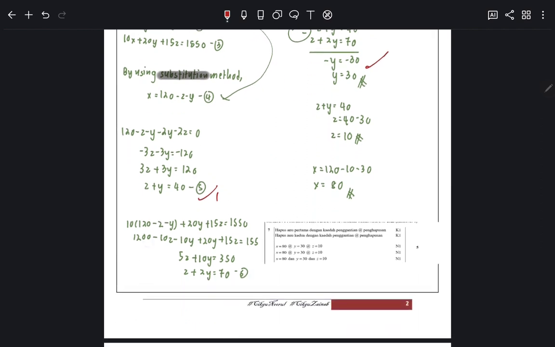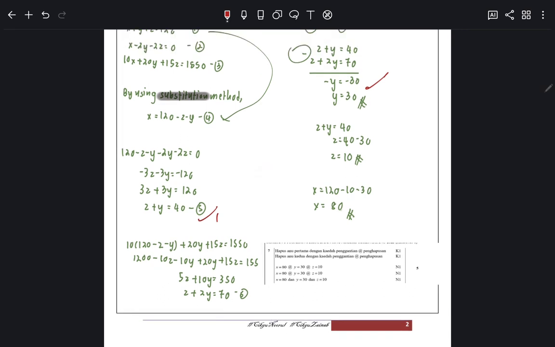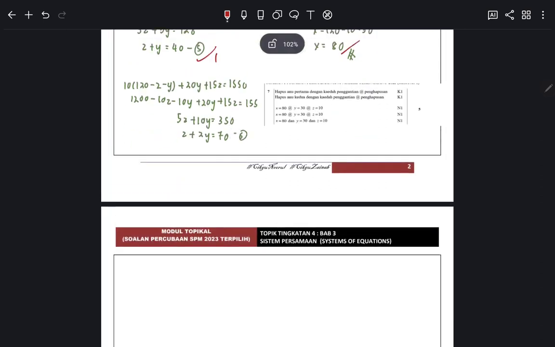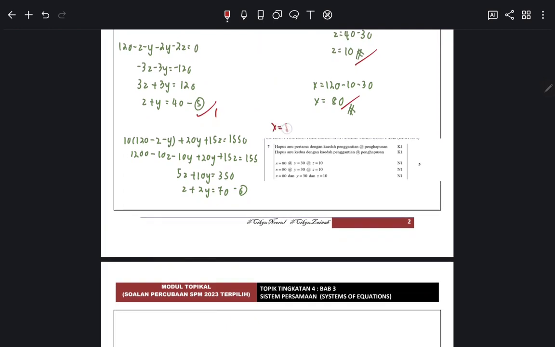Okay, and then x equals to 80, y equals to 30. Okay, this one is my bad actually, I should write it. So I got the first value, 1 mark. I got another value. So I got 3 of the answers. Then I write it like this: x equals to 80, y equals to 30, and z equals to 10.